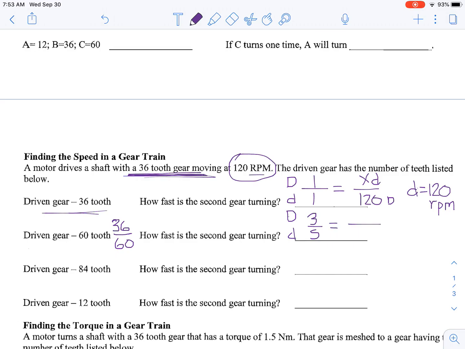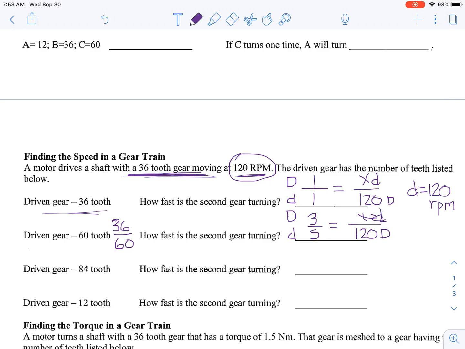So then with our 120 RPMs for our driving gear, the 120 RPMs goes on the bottom, crisscross from the driving gear teeth, because it is an inverse proportion.